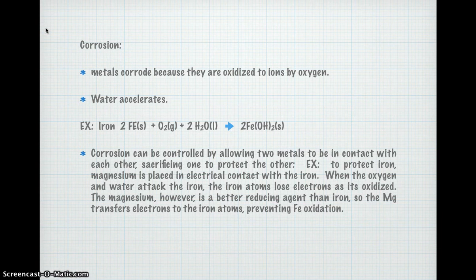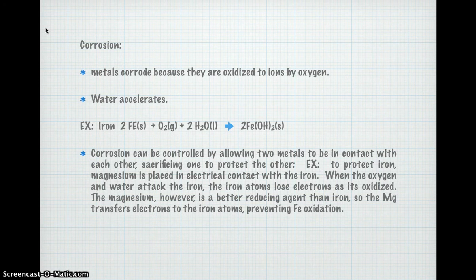And then finally, when you talk about oxidation reduction, one of the major things that we need to be aware of is corrosion and how we can prevent it. Corrosion is when metals become oxidized to ions by oxygen. H2O, or water, will accelerate that process, so it doesn't actually cause it, it just makes it go faster.